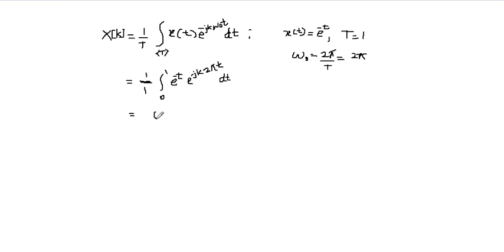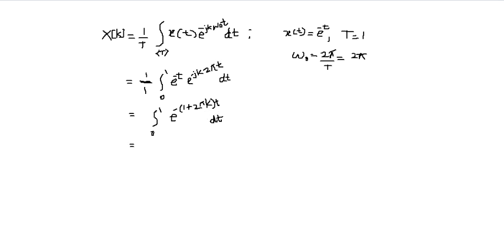Now this integration is from 0 to 1, and this can be written as e raised to minus 1 plus j 2 pi k, with t outside. And let's do the integration of this.